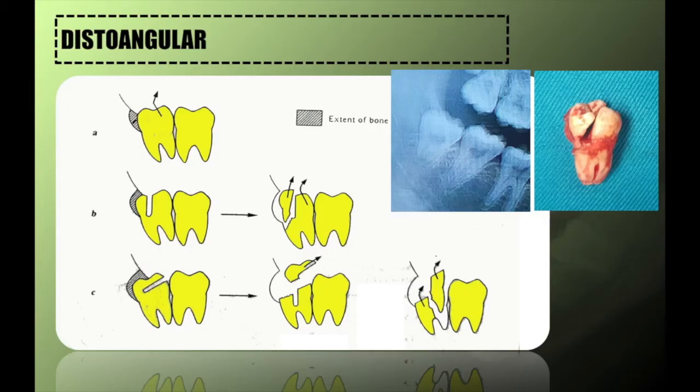In distoangular impactions, one of the issues would be the space needed for the displacement of the tooth. If we follow the direction of the tooth in these cases, the ascending part of the ramus will almost always be an interference.